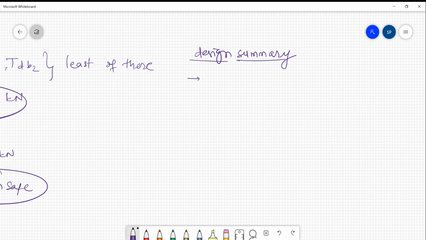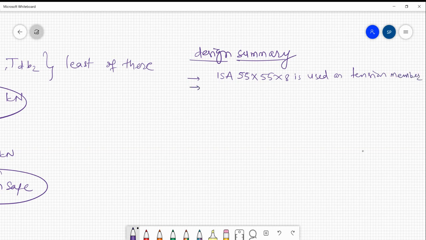In the design summary you can mention the selected angle. So ISA 55 by 55 by 8 is used as tension member.